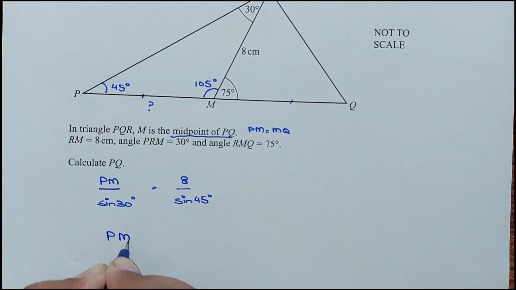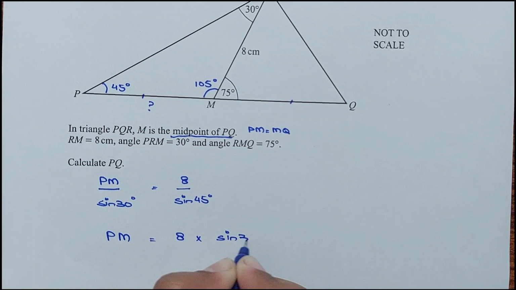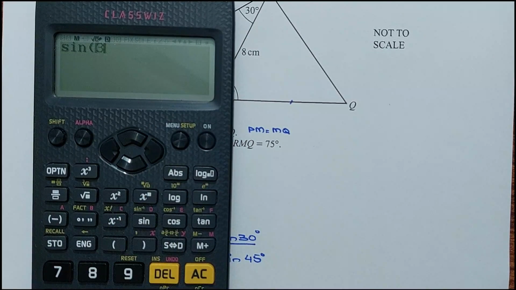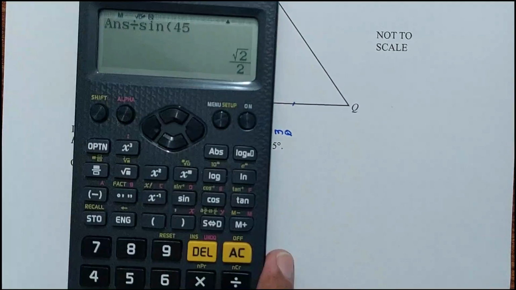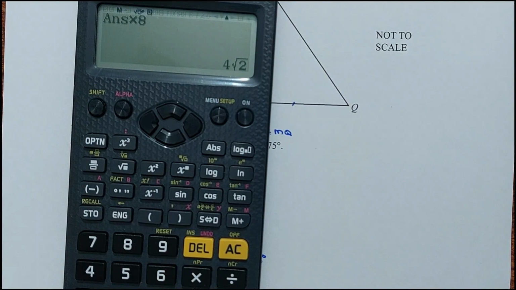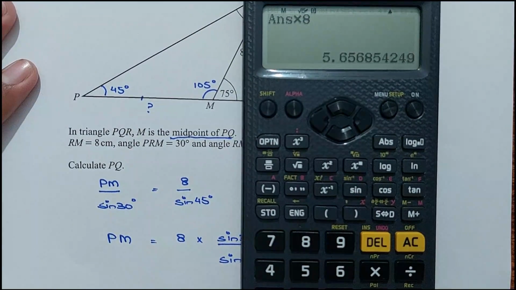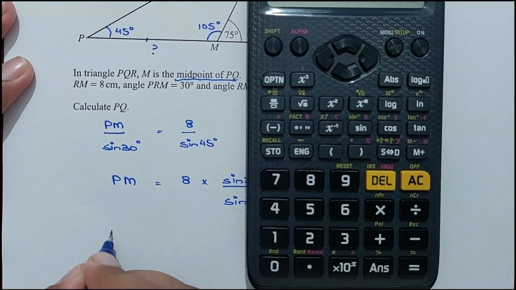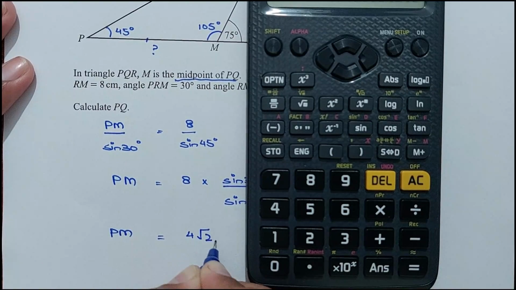So PM is 8 times sine 30 over sine 45, right? Now sine 30 over sine 45 and times by 8. This is 4 square root of 2 is PM, right? So PM is equal to 4 square root of 2.